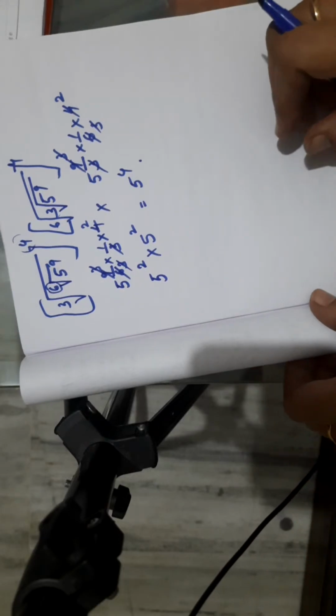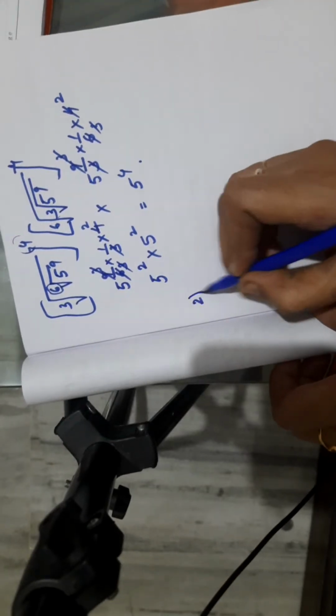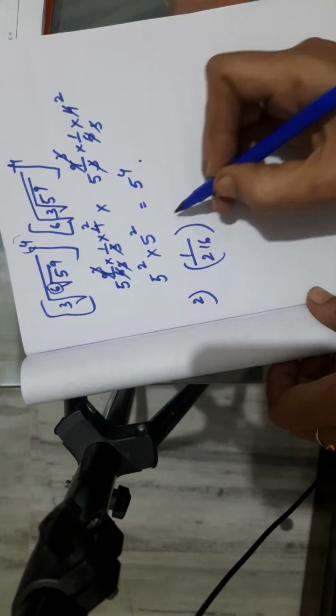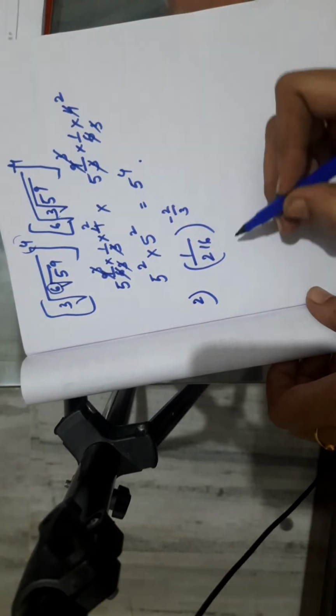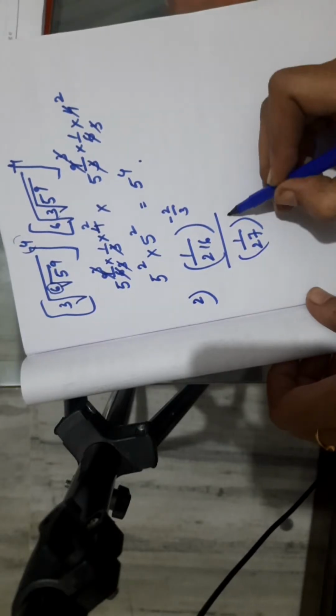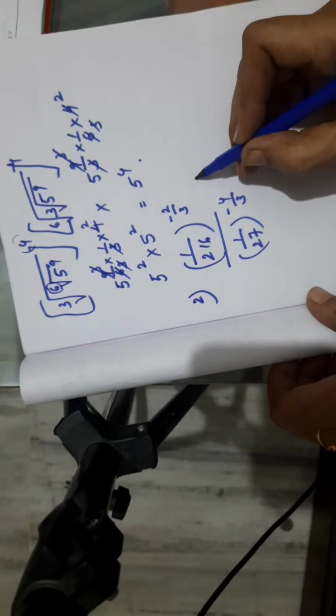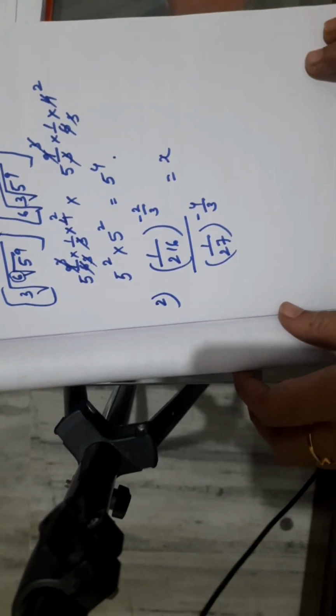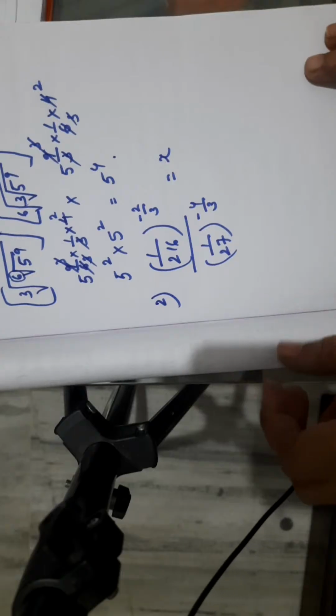Now the next question: 1 upon 216 raised to minus 2 by 3, 1 upon 27 raised to minus 4 by 3 is equal to x. So here how we are going to do?